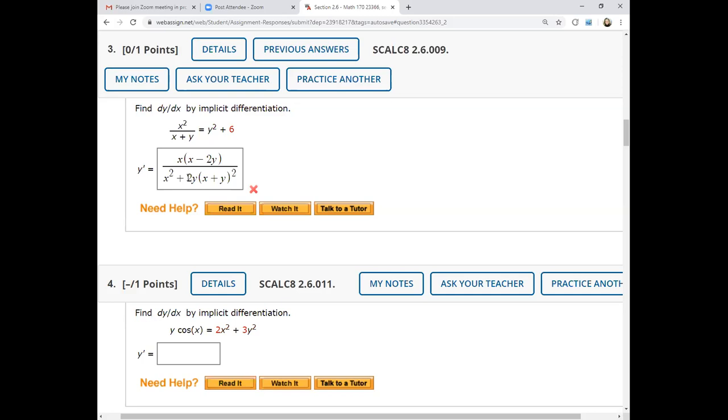Oh, I think I see what I did. I think I see what happened. So 2y. Okay, this doesn't have, that's why. It's only this that has dy dx on it, this thing.